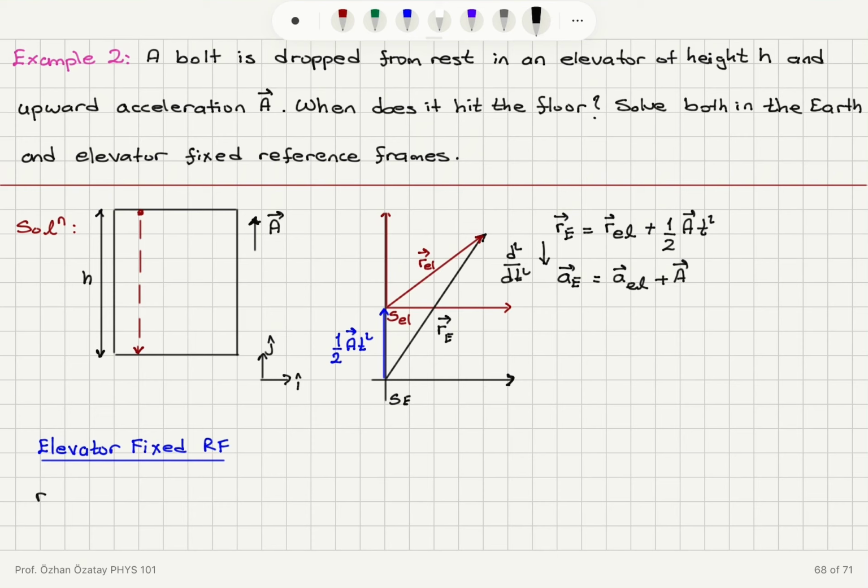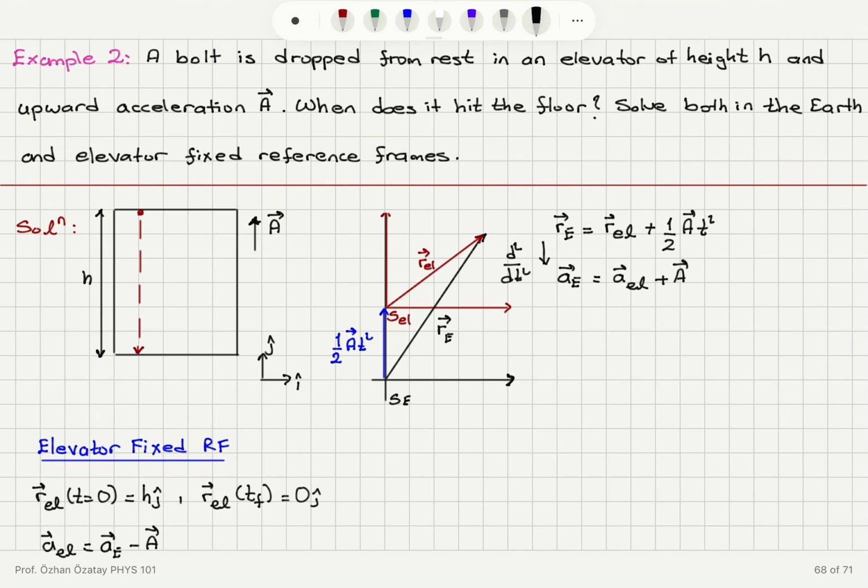So in the elevator fixed reference frame, the original position at t equals 0 for the bolt is h j-hat, and the final position in the elevator is 0 j-hat. So we have a change in the position. The acceleration in the elevator reference frame is the acceleration in the Earth reference frame minus a, due to our Galilean transformation equation.